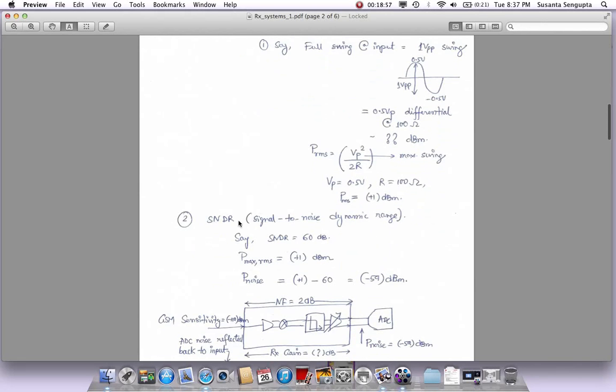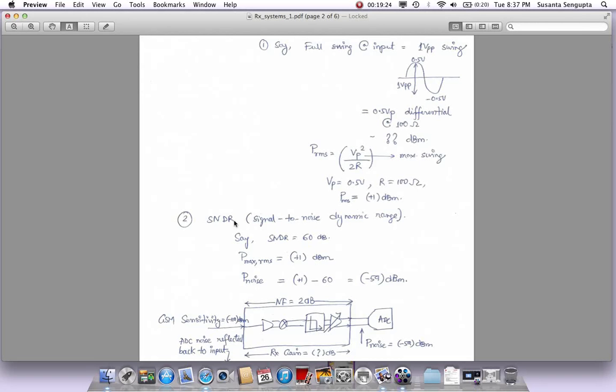Now we're trying to define the signal to noise dynamic range. If I'm given that this dynamic range is 60 dB and my highest power level is plus 1 dBm, as we calculated here, then the noise level is minus 59 dBm. It's the maximum minus the dynamic range value. Do not get hung up on the fact that this could have different meanings at different places.